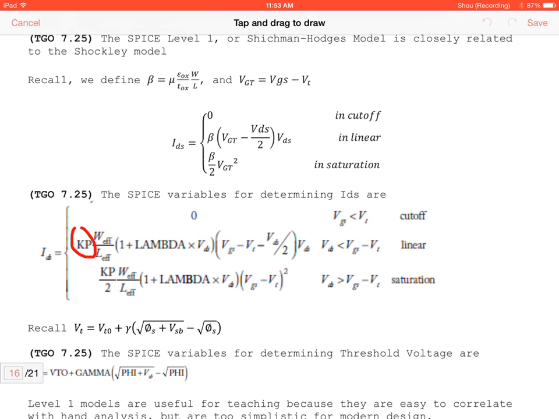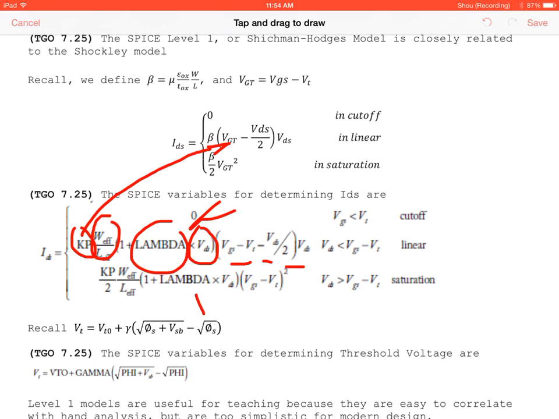These values here, Kp is beta, W effective, L effective. Now those values are all going to be in your model. Lambda times VDS. So VGS, VTS over 2. So these are kind of more optimized values.